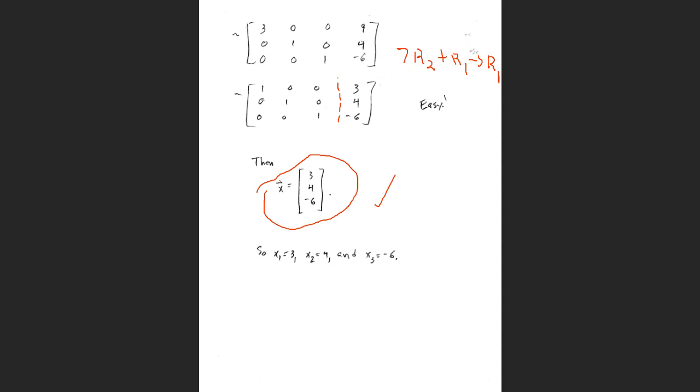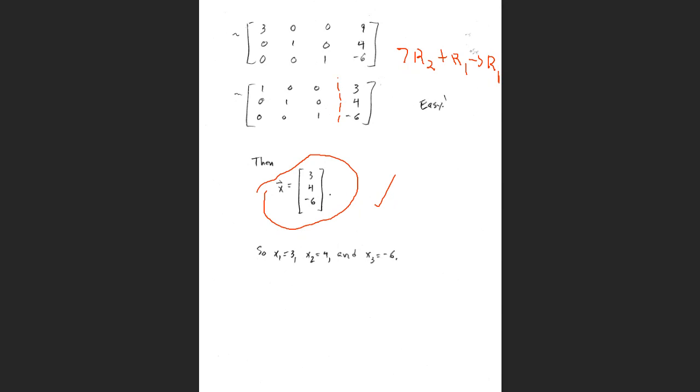So this is a really lovely method because you have two simple systems of equations to solve. You're breaking up the row operations, breaking up the problems so that you have two simple systems of equations to solve.